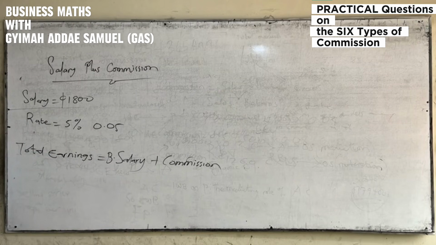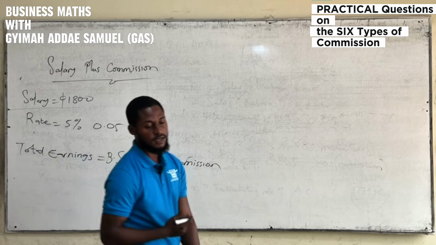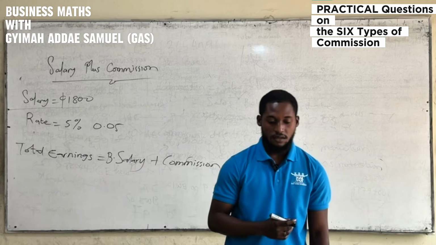So we would first have to find the commission for AC before we proceed to the basic salary.